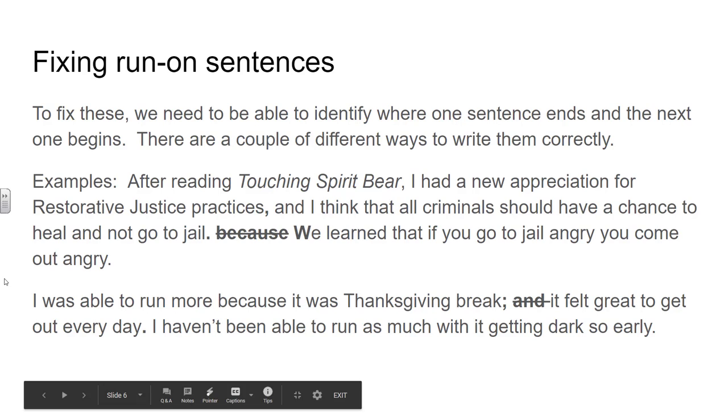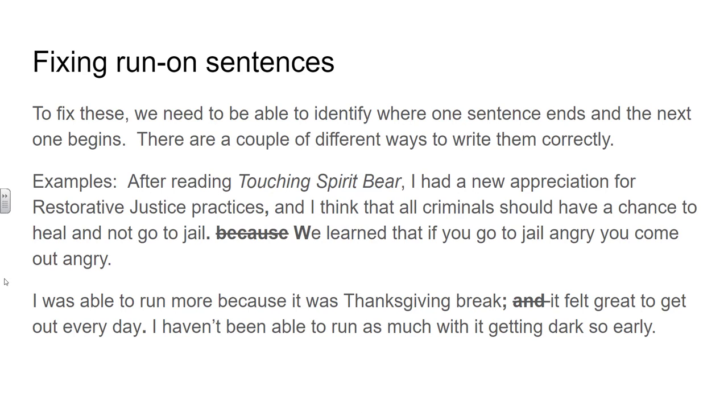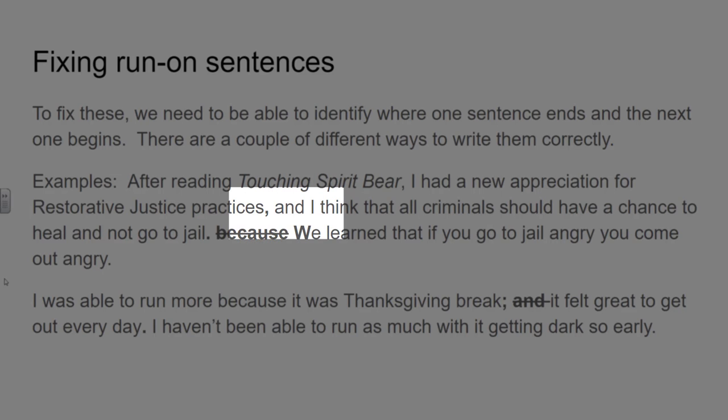How to fix them? First, we need to identify where one sentence ends and the next one begins. Once we do that, there are a couple different ways to write them correctly. First example. After reading Touching Spirit Bear, I had a new appreciation for restorative justice practices, comma, and I think that all criminals should have a chance to heal and not go to jail, period. We learned that if you go to jail angry, you come out angry.